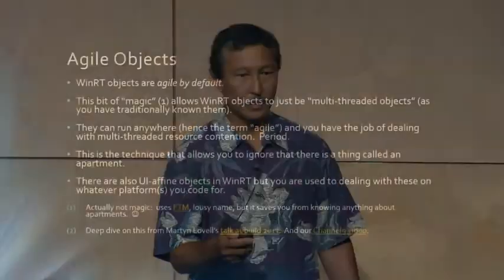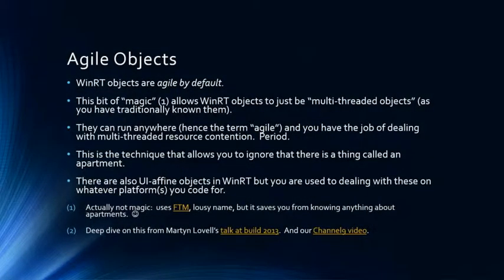Because it's agile to every apartment. If you think about a regular C++ object, you can just call it from every thread. There's no special protocol for you to say, can I run on this thread or that thread? Unless you violate some rule of the UI that does thread checking, you never have to worry about that.